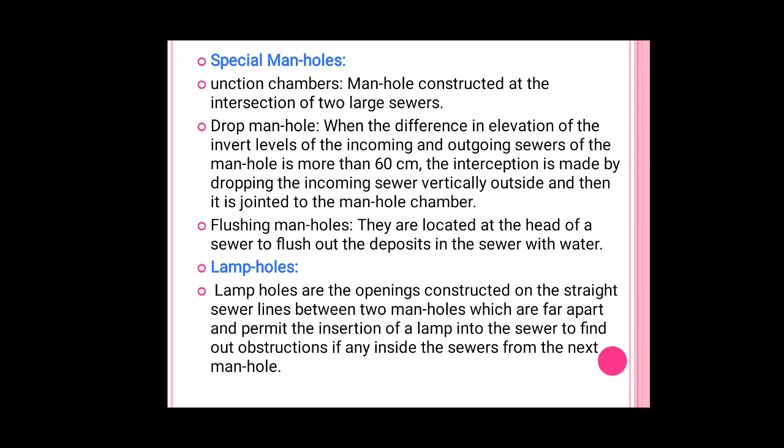When the difference in elevation between the incoming and outgoing sewers of the manhole is more than 60 cm, then the interception is made by dropping the incoming sewer vertically outside and then it is joined to the manhole chamber. This is called a drop manhole.